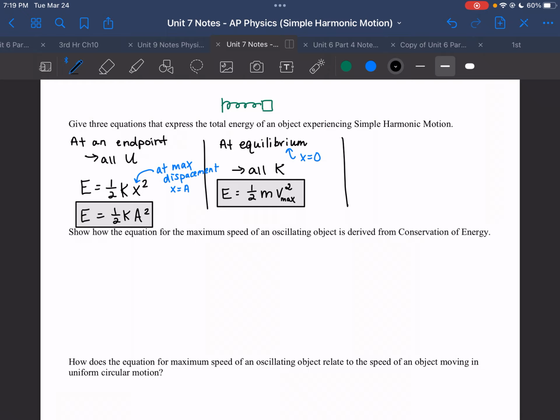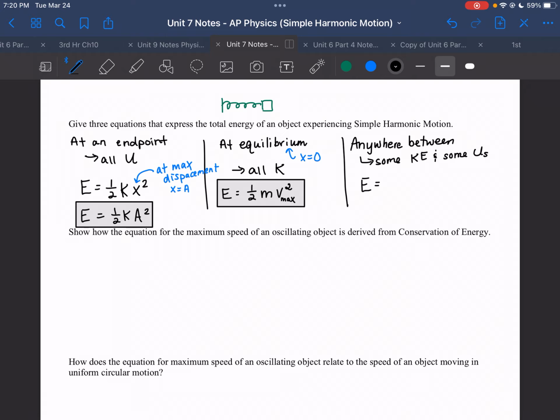And there's one more total energy equation that we can create, and that is if it is between the endpoint and equilibrium. So anywhere else. That means we're going to have some kinetic energy and some stored elastic energy. So again, we're going to be using the elastic potential energy equation here.